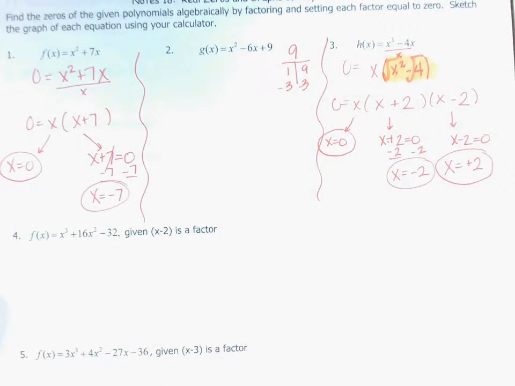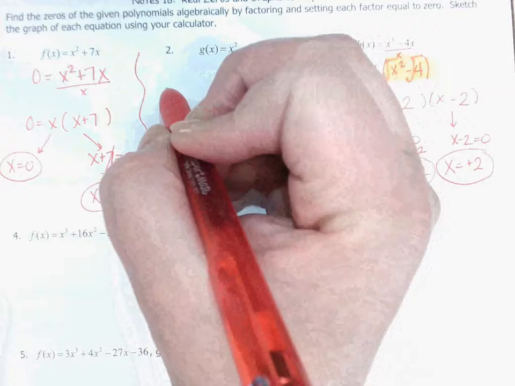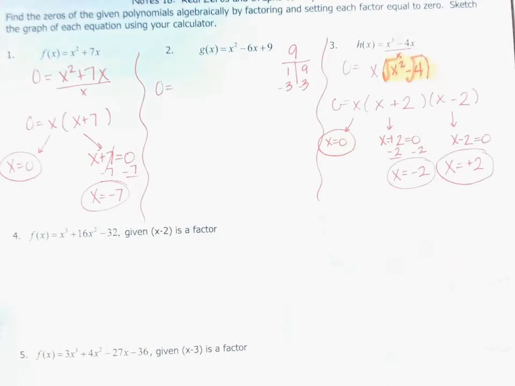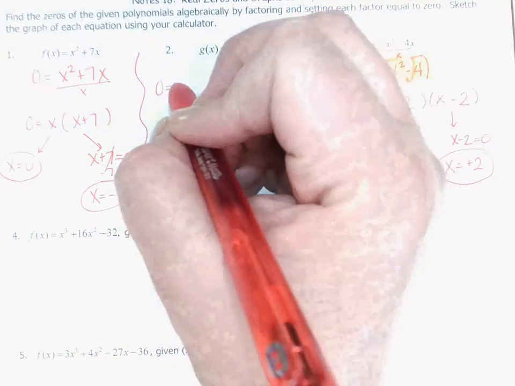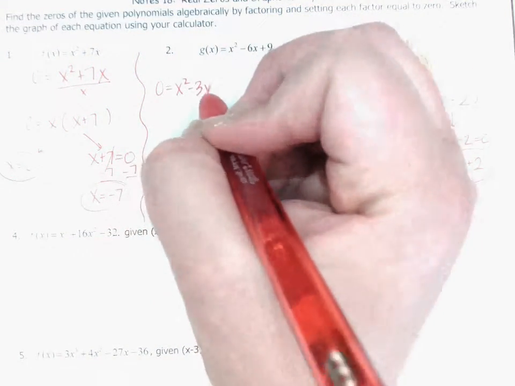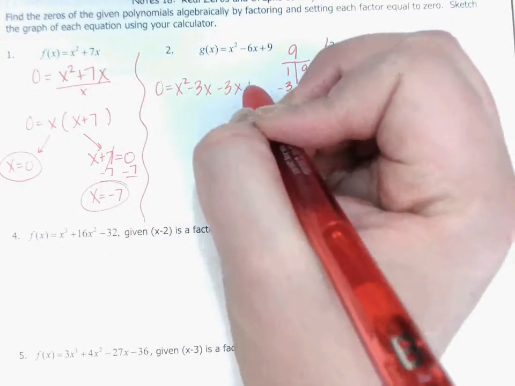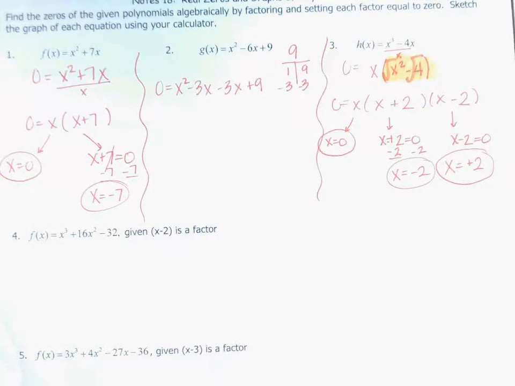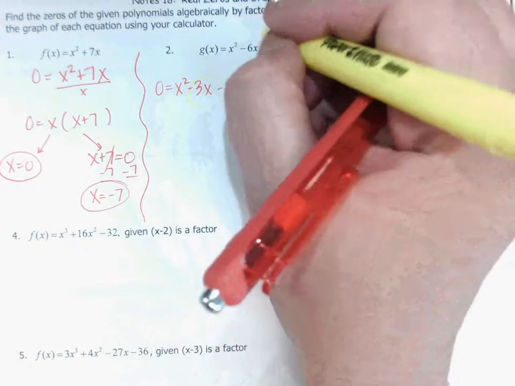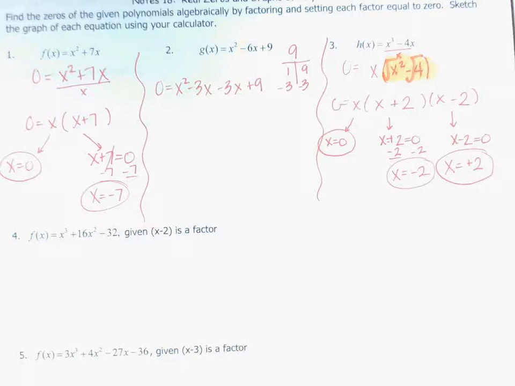Good. Then from there, I'll have 0 equals, because remember we're finding the zeros, x squared minus 3x minus 3x plus 9. And remember that these 2 terms in the middle make up the minus 6. I'm just splitting it up into 2 terms so I can factor by grouping. Look at your first 2 terms.